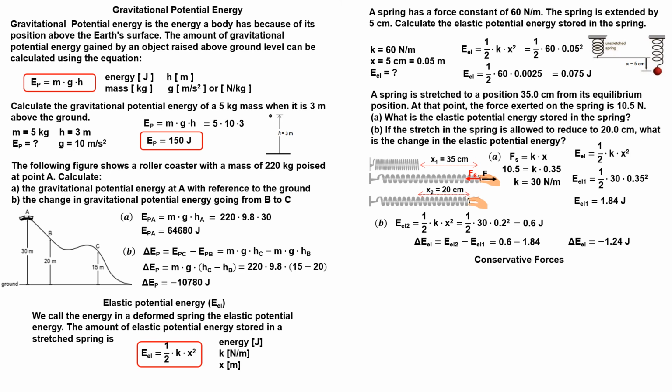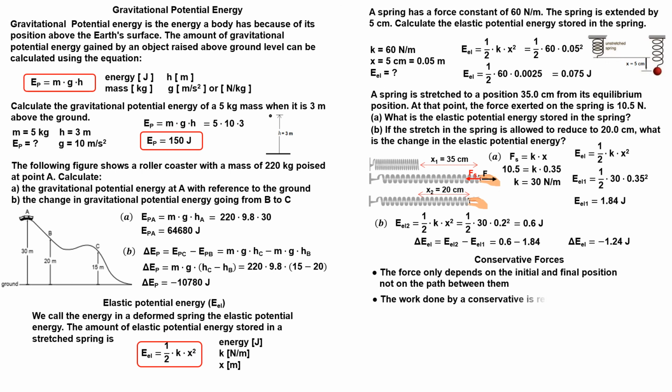Let us summarize. Conservative forces have the following properties. The force only depends on the initial and final position, not on the path between them. The work done by a conservative force is reversible.